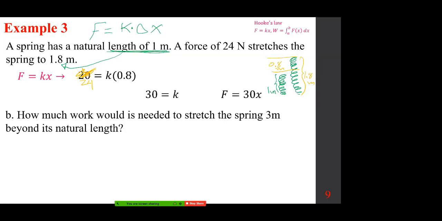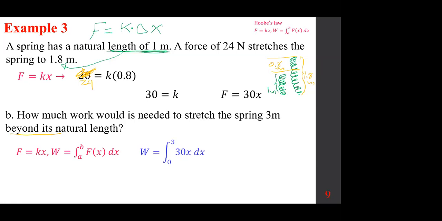3 meters beyond its natural length. That means, in essence, from 0 to 3. So we are going to use the integral of the same thing from 0 to 3. And as you know by now, of course, this is a very basic integration. You know how to do that.